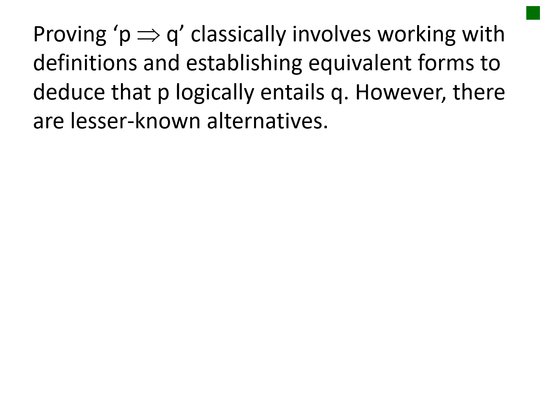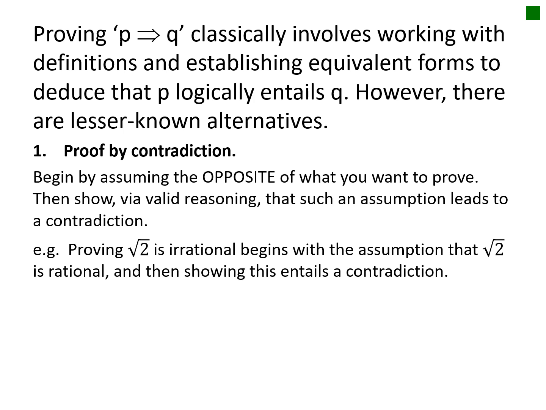Okay, but there are a couple of lesser known alternatives. Now the first one, proof by contradiction, we've actually already seen, so I'll discuss that in a minute. What you do is begin by assuming the opposite of what you want to prove, that P doesn't imply Q, or P implies not Q. Then you show via valid reasoning that P implies not Q leads to a contradiction, and so the opposite of that must be true.